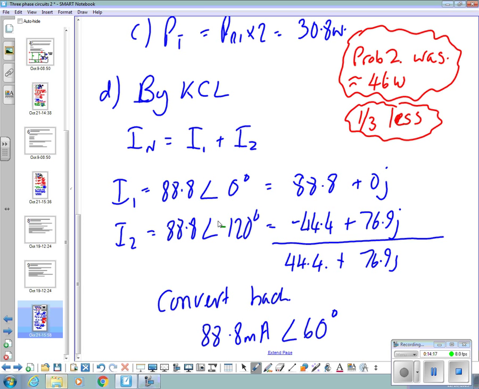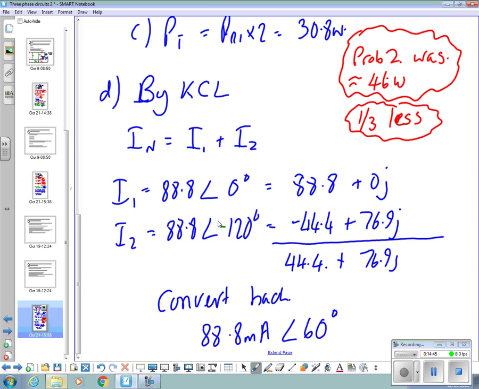That's the crux of it, isn't it? Because we know when we done the full three phases, we had 88.8 and nothing, minus 44 and plus 76 and plus 44 and minus 44 again and minus 76. So that sign doesn't change, but this changes sign.